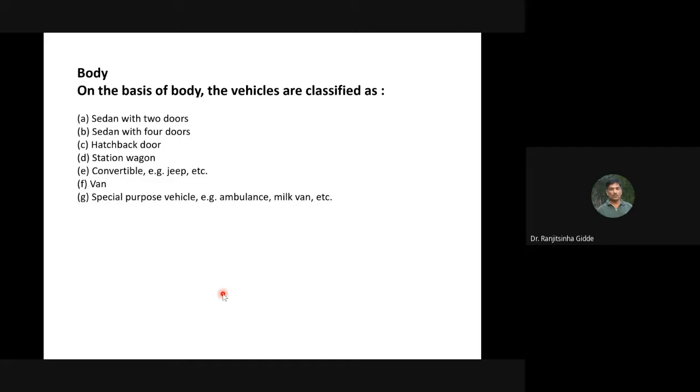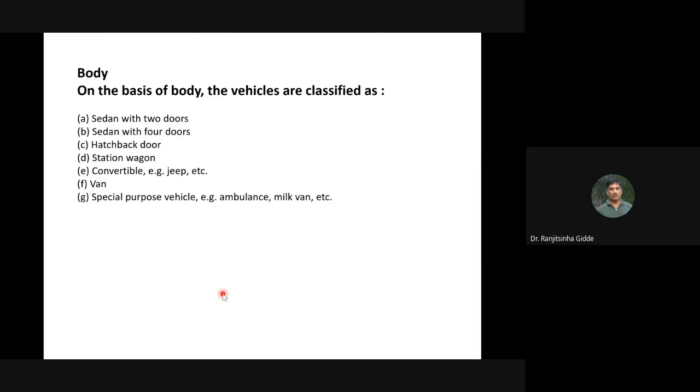Then station wagon, so some space is provided for the passengers and some space is provided for the luggage. Then convertible, so for example Jeep, we can unfold the roof, or we can replace it with another roof. So such types of vehicles based on the body.